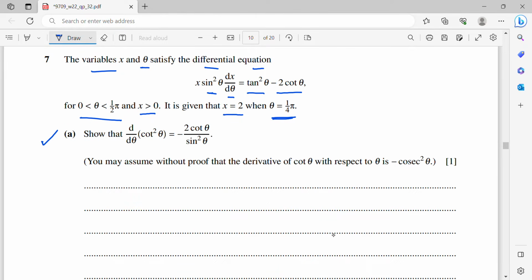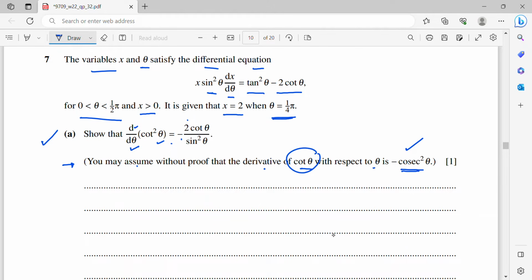Now first part, show that differentiating cot squared theta with respect to theta equals negative 2 cot theta over sine squared theta. Now, given that you may assume without proof that the derivative of cot theta with respect to theta is negative cosec squared theta, means that we can just directly use this result.